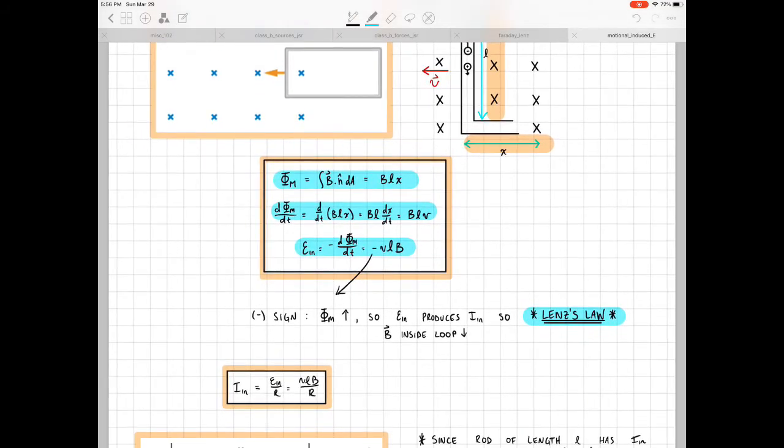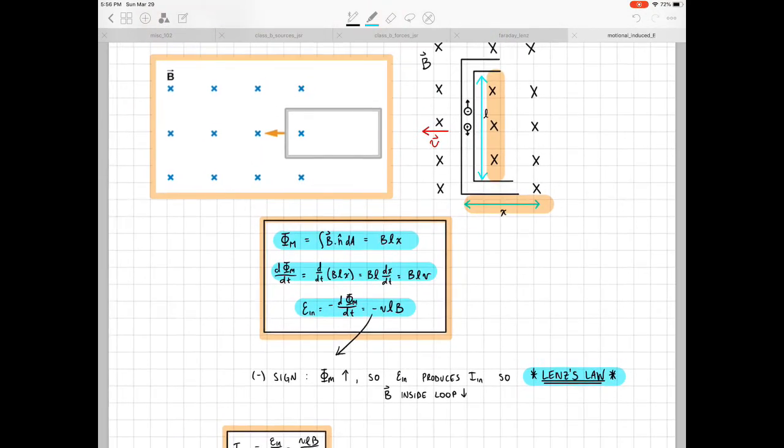If you remember with Lenz's law, we can also come up with the direction. The magnetic flux through this loop is going to increase as the loop moves into the magnetic field. That means as it moves in, more and more of the field pointing into the page cuts through the loop.